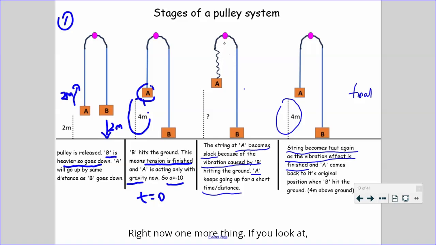Right, now one more thing, if you look at this stage here, the third stage, right? This is the highest point reached by A. Okay, the string vibrates. So this is the highest point reached by A. After this, it comes down back to here, right? Now, at the highest point, what happens?